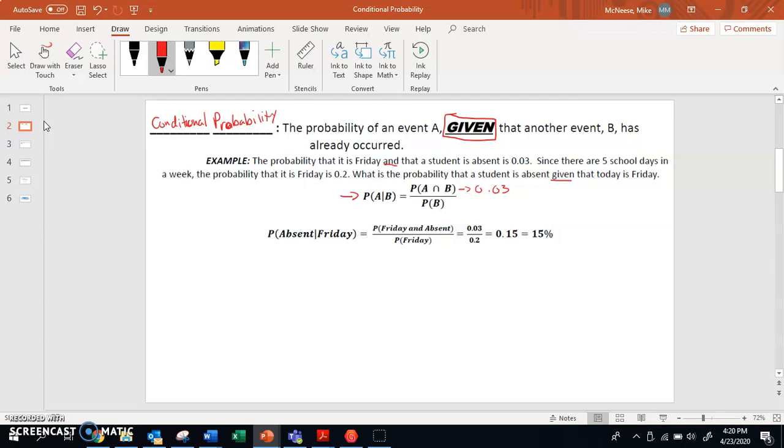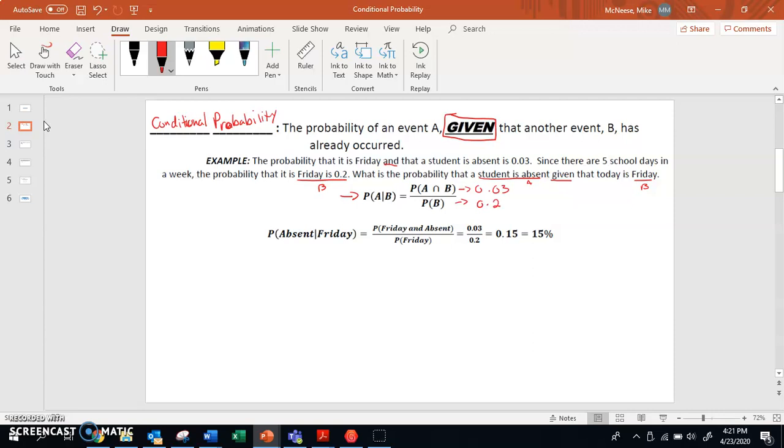Well, since our given statement is probability that a student is absent given Friday, that a student is absent is going to be our A, and it is Friday is B. So the probability that it is Friday is 0.2. This is our B right here, okay? So the probability of B is 0.2.